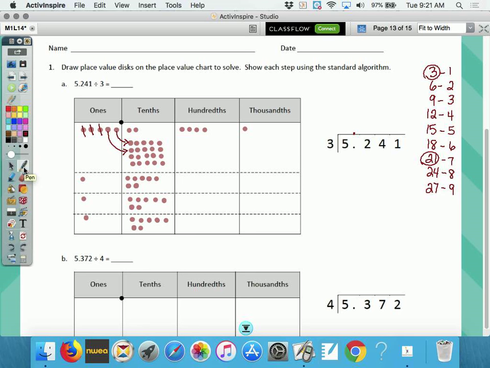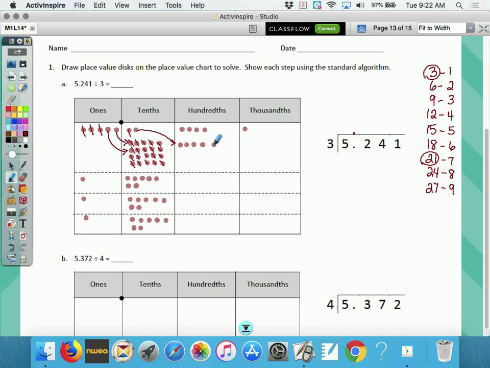And how many am I going to subtract? 21. So we move that one? Yes, so then you'll just move 1 over to the next column, to the hundredths place.